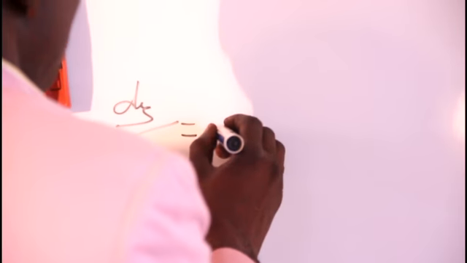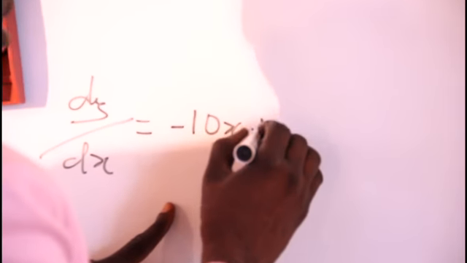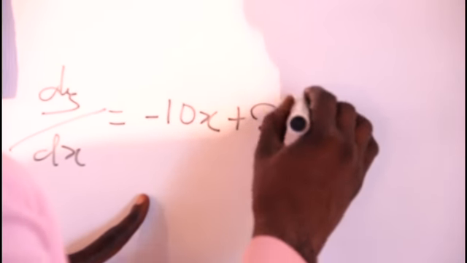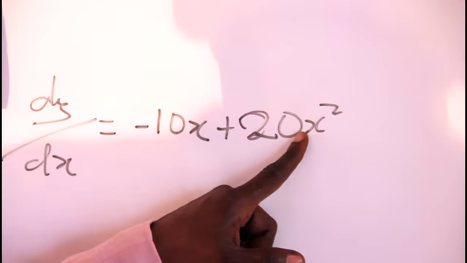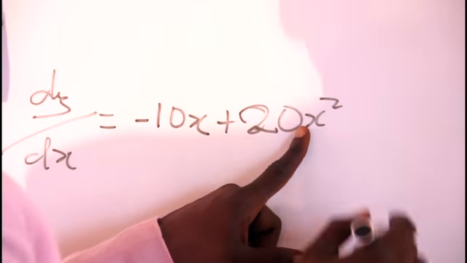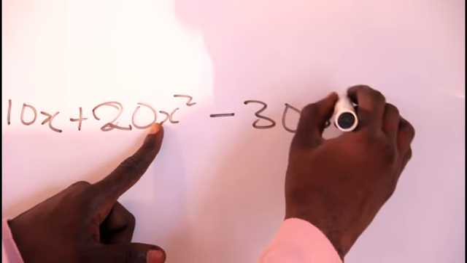So if we are to simplify it further, it's as easy as dy over dx, then minus 10x times 1, that will give us minus 10x. Minus 10x times minus 2, that will give us plus 20x squared. Then minus 10x times minus 3x squared, that will give us minus 30x cubed.